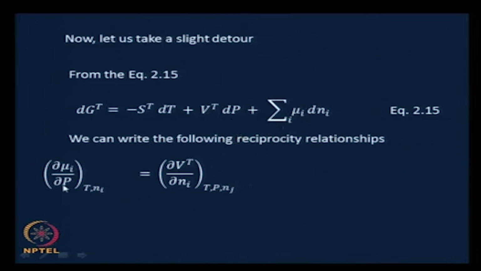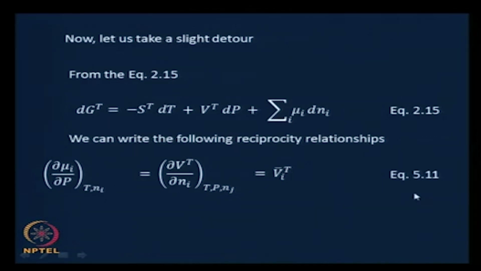Dou mu i by dou P at constant T, n i equals, excuse me, dou V by dou n i at constant T, P and all other n j's which are different from n i. We can write this, and that equals, this is nothing but the definition of the partial molar volume V i bar.